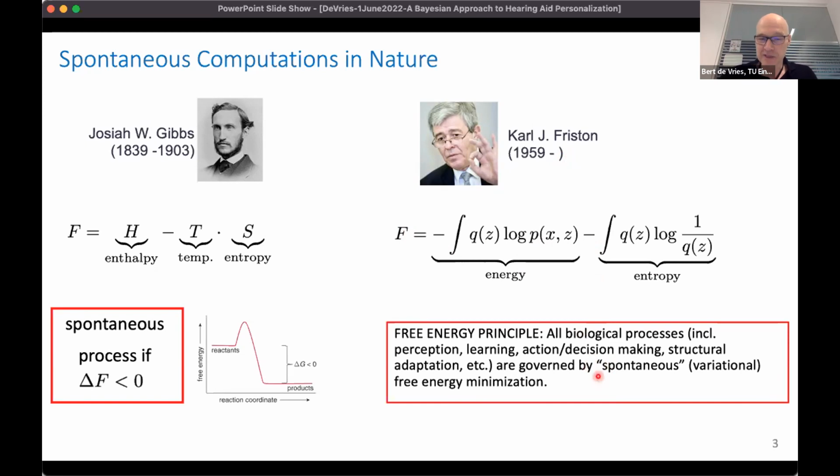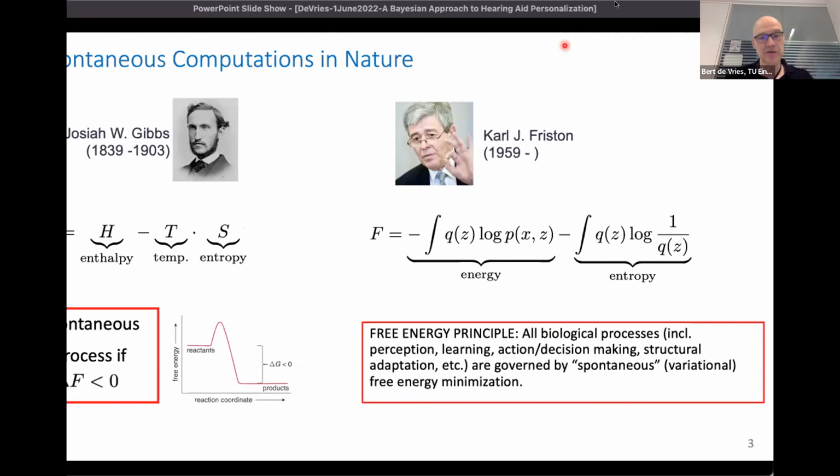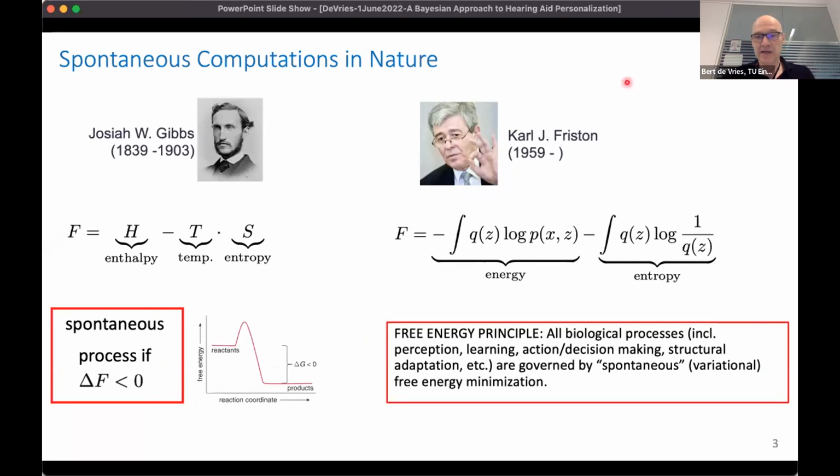The Free Energy Principle states that all biological processes, including perception, learning, action, decision-making, structural adaptation, everything, really everything, is governed by spontaneous variational free energy minimization. What that means is that Carl Friston says that anything that happens in the brain is just minimization of this free energy function.